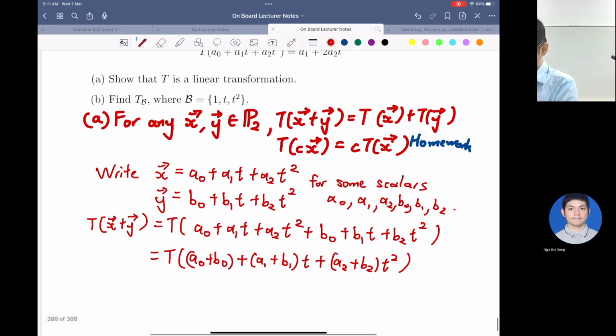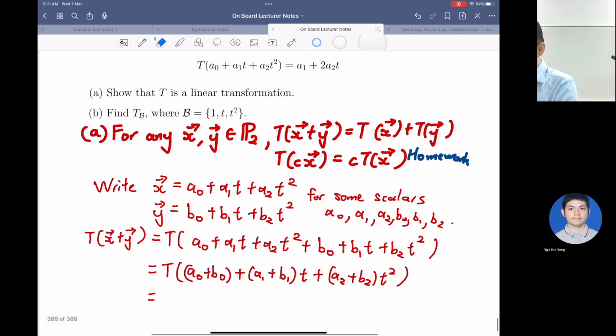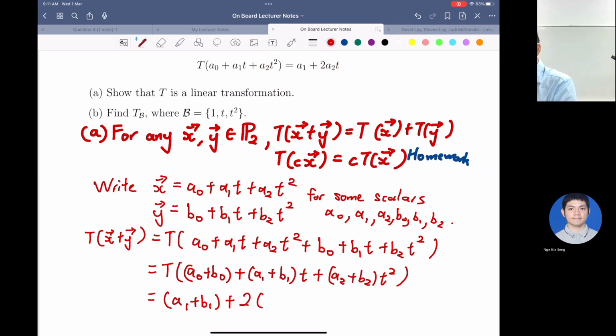If you apply T, what do you get? You pick the coefficient of t, which is a1 plus b1, plus the coefficient of t squared, so 2 times (a2 plus b2), times t.